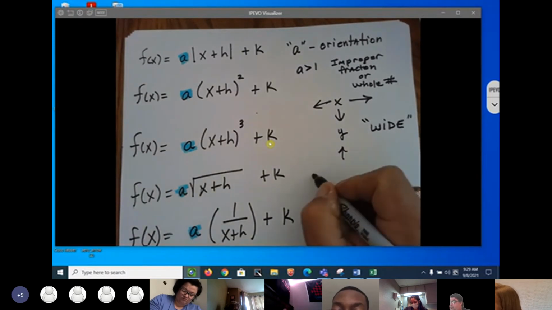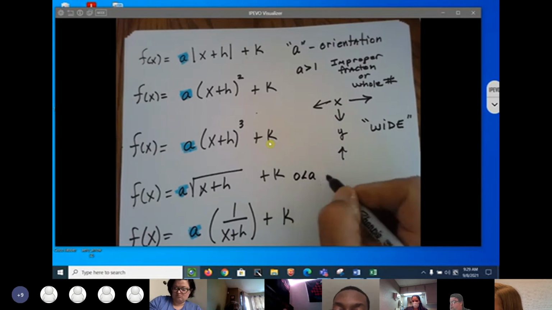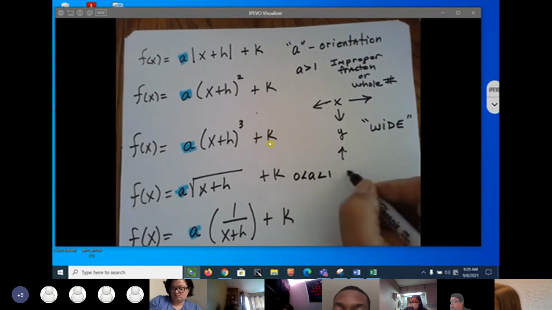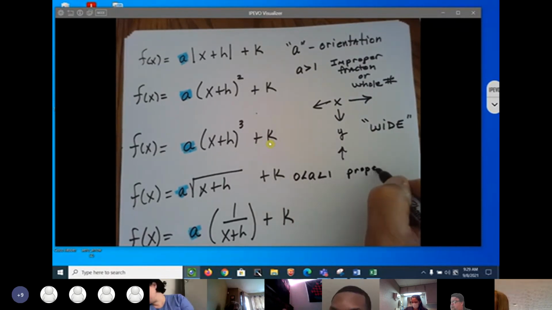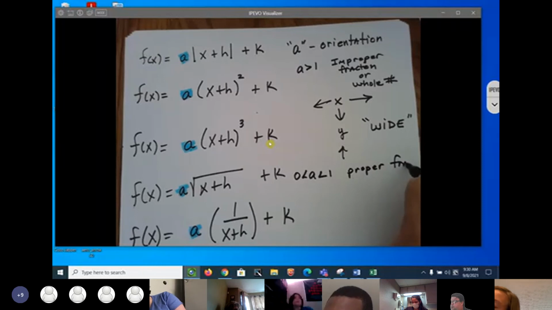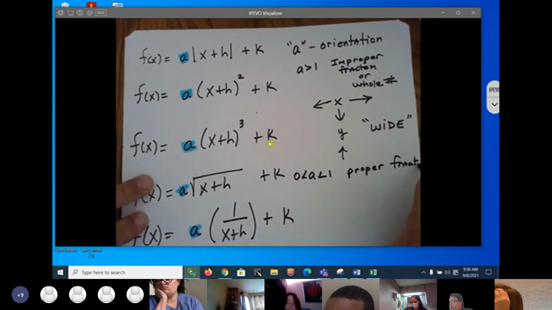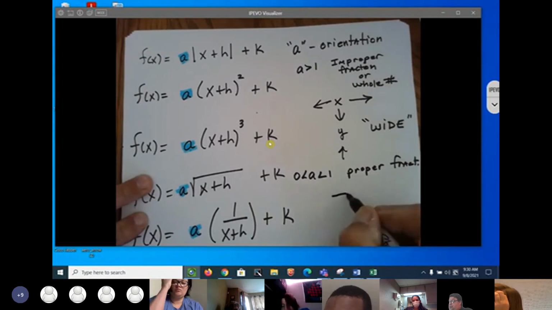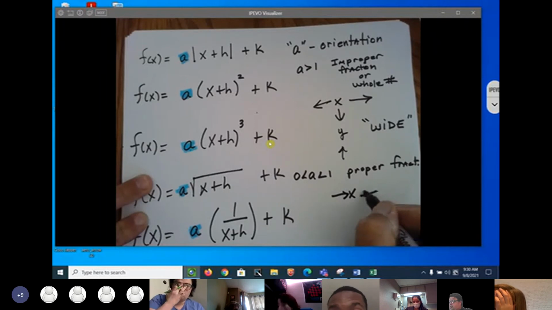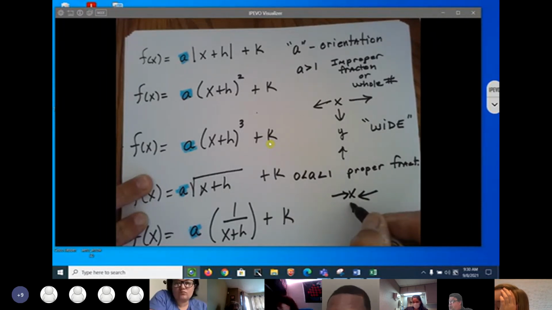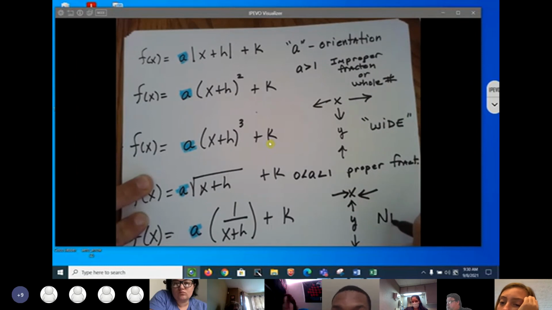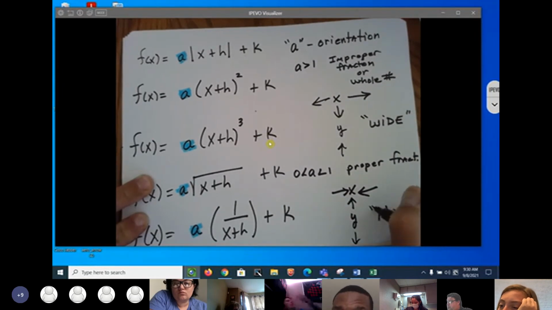If A is between 0 and 1, meaning a proper fraction, then it is compressed along the x-axis and stretched along the y-axis, and it's going to be narrow or skinny.